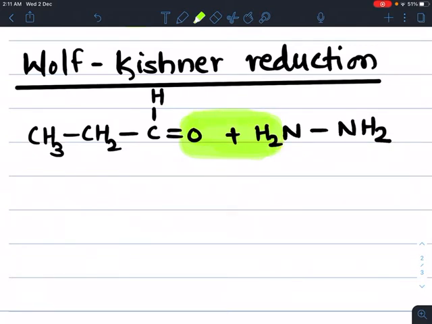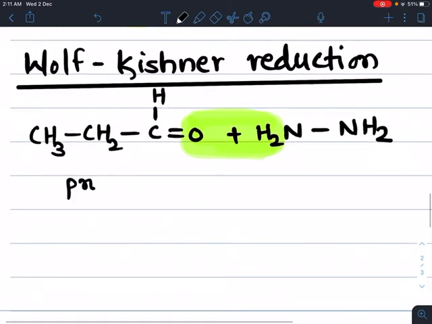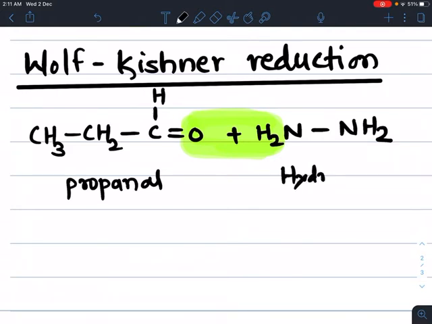So this is a propion aldehyde or propanol. When undergoes reaction with hydrazine NH2NH2, this reaction takes place in presence of dilute HCl or dilute acid.